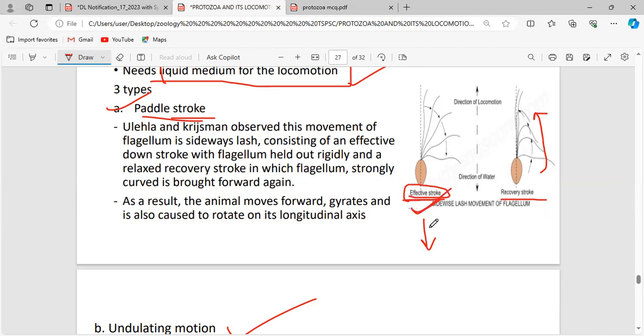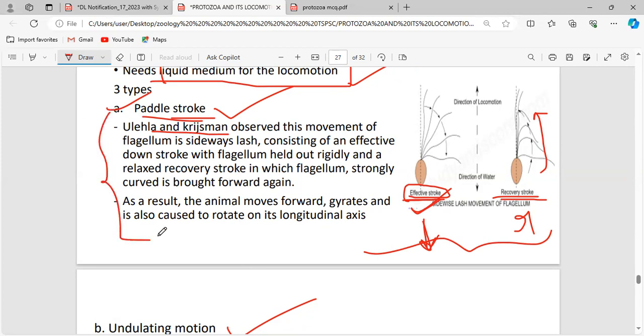Effective stroke means forward movement and recovery stroke means relaxed movement. These two strokes together are called paddle stroke movement, which was discovered by two different scientists, Ulehla and Christman. Just read these things.